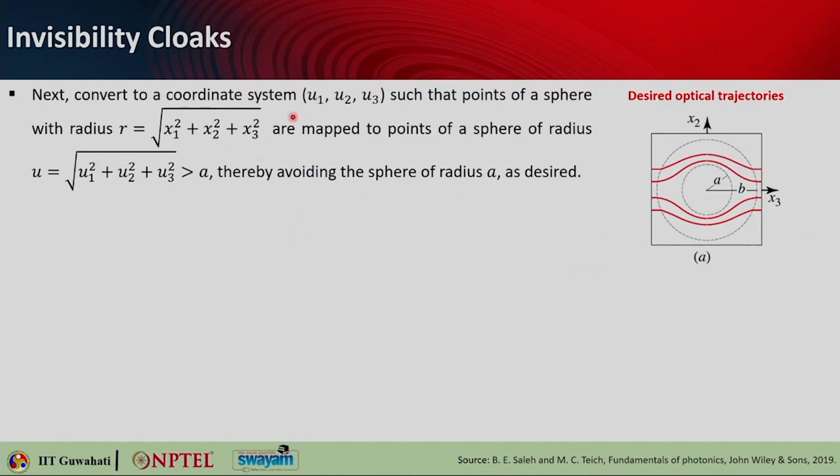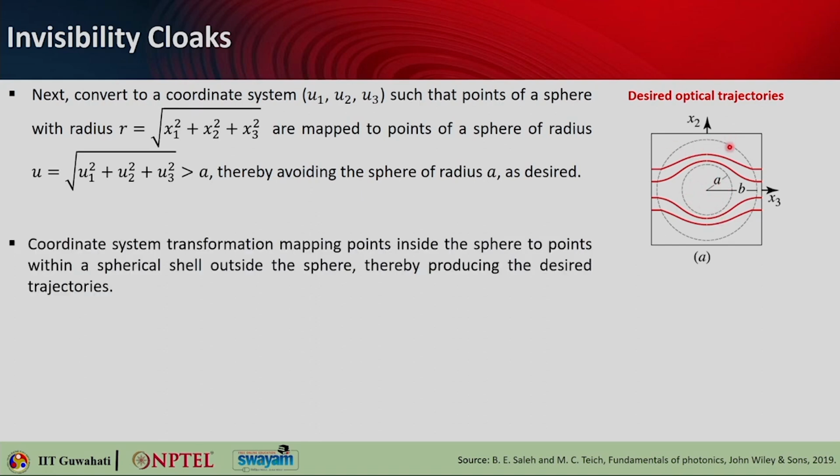So you can convert to a coordinate system which has u1, u2 and u3 such that the points of the sphere with radius r, where r is the square root of x1 square plus x2 square plus x3 square, are basically mapped onto a sphere of radius u which is greater than a, so that all these points are basically mapped outside.